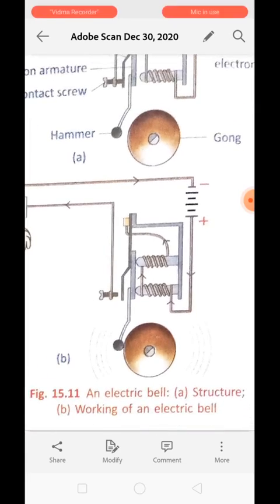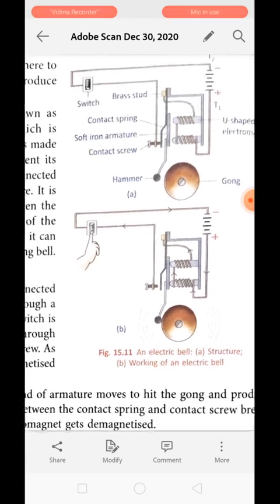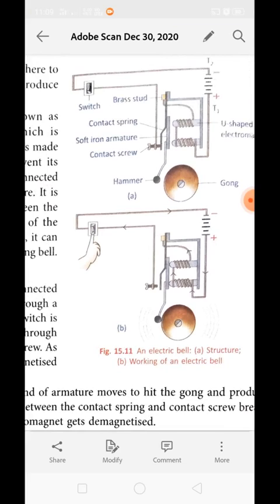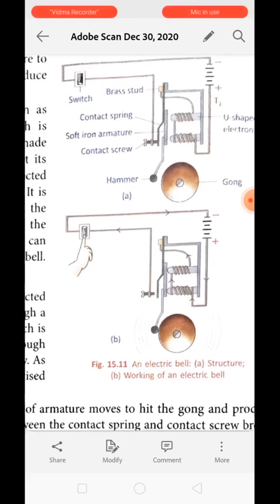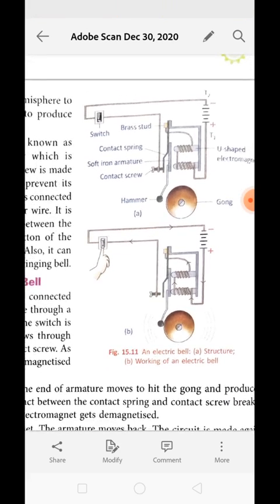It means the circuit of the electric bell is converted from closed circuit to open, and open to closed, and then again closed to open. This is repeatedly done, and because of this the electric bell has a tring tring sound. Understood? Clear? This is how the electric bell works. Okay class.